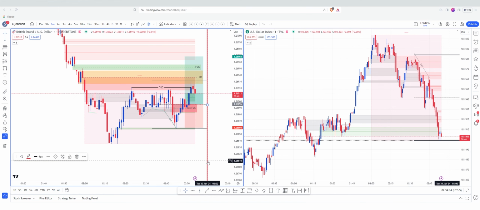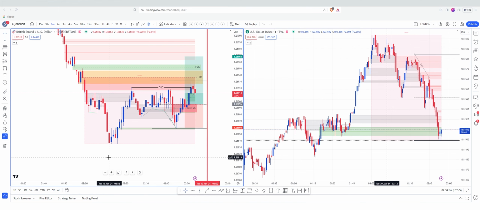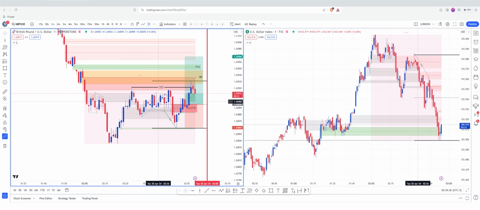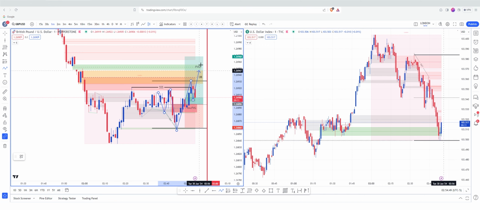Towards the end of the macro at 3. And use this as a breaker. Got a lower high, higher high, lower low, we've traded through, therefore this is a breaker with a fair value gap in it.